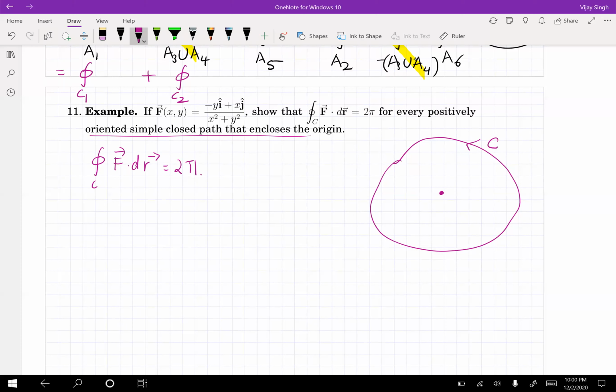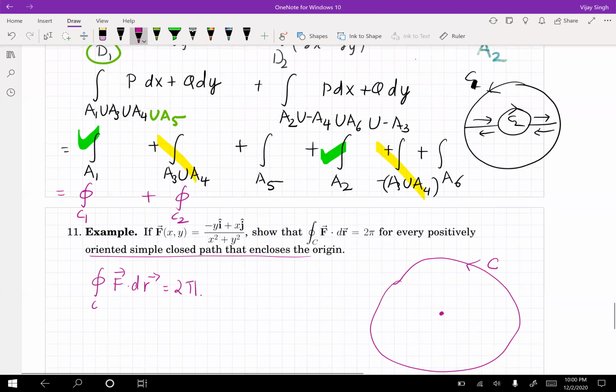That's pretty neat: as long as you enclose the origin, any continuous positively oriented simple path gives a line integral of 2π.